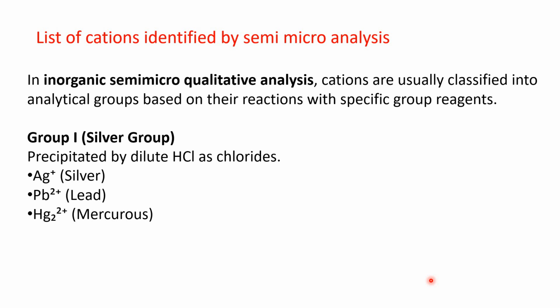In inorganic semi-micro analysis, cations are classified into groups based on their reaction with a specific group reagent. The first one, group 1, known as the silver group, where the group reagent is dilute hydrochloric acid and cations are precipitated as chloride. Under this, you have silver, lead and mercurous.